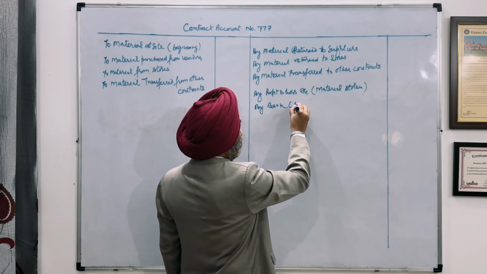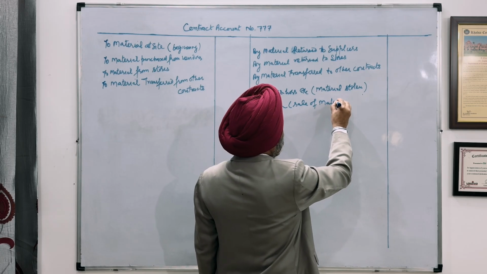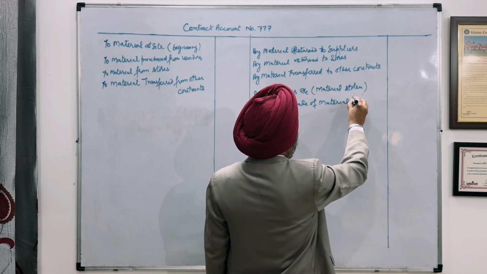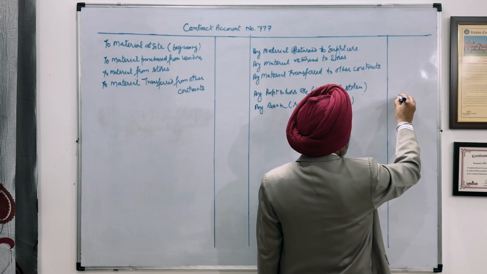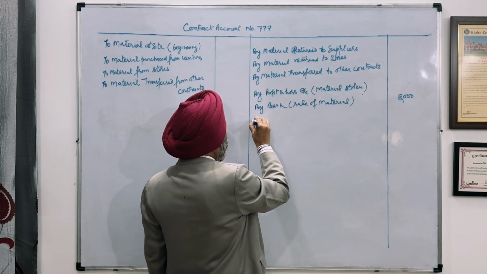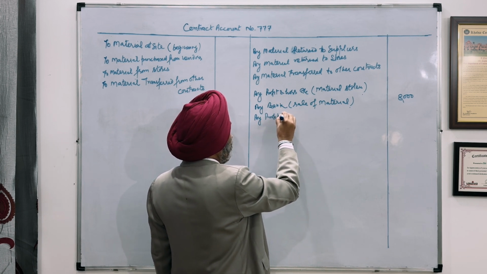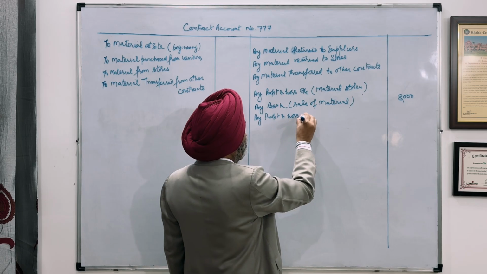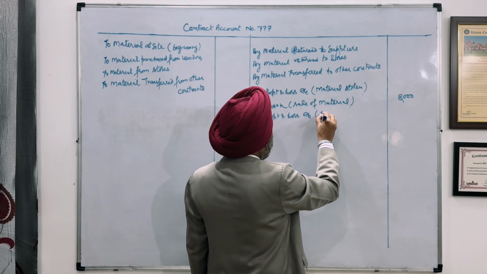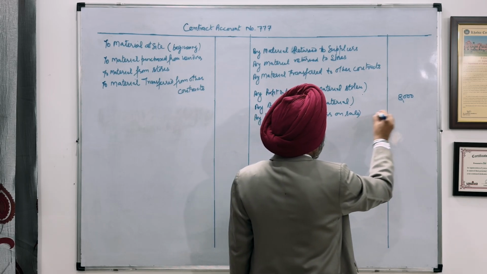Let us suppose material costing 10,000 is sold for rupees 8,000. Whatever loss we suffered will be credited to the contract account.